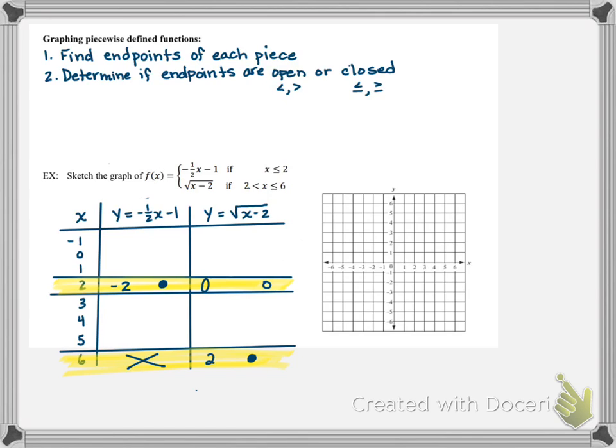So the next thing we want to do is plot the points on each piece so we can graph each piece individually, so in between the endpoints. So we're going to find at least 2 points for each piece of the graph.